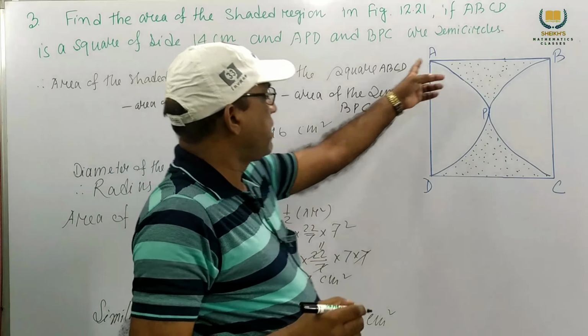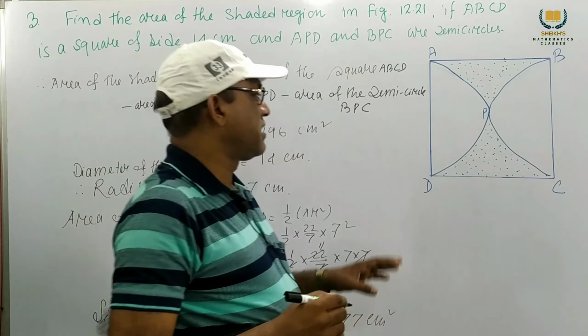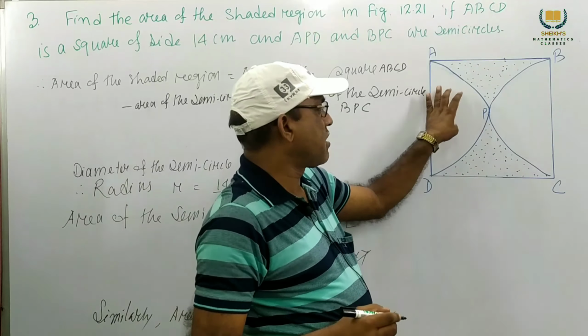So APD and BPC, we subtract these from the whole area. If we subtract this white portion, ultimately we get this shaded portion.